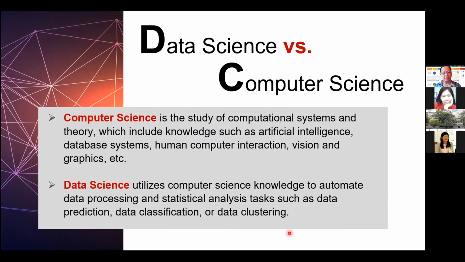Those techniques are called data prediction, classification, and clustering. So there is some overlapping knowledge in computer science and data science. That's why you see many computer science people work on data science projects.